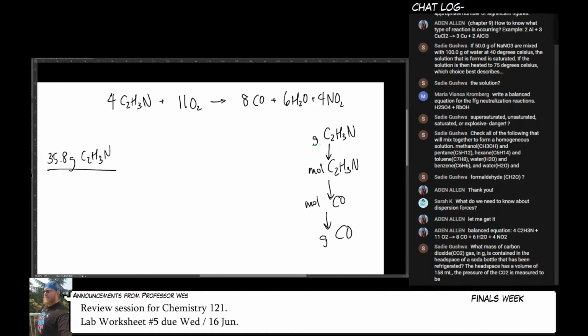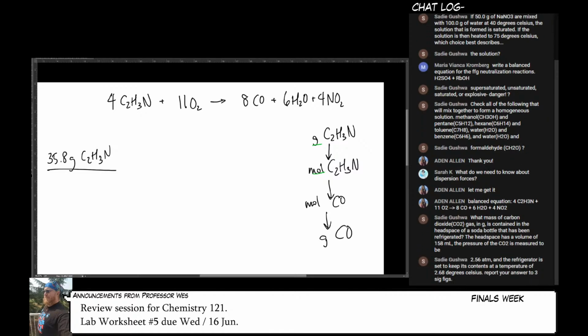Well, if I need to know the number of grams in a mole of something, I would go look that up on Lenntech. C2H3N is 41.05, so 1 mole of this equals 41.05 grams of it.